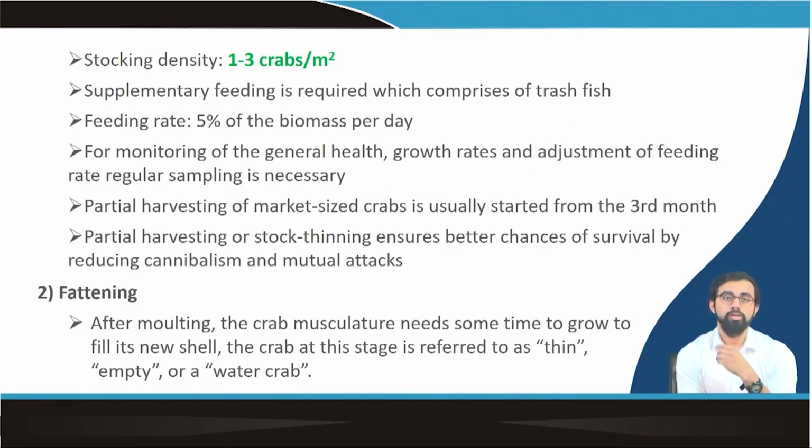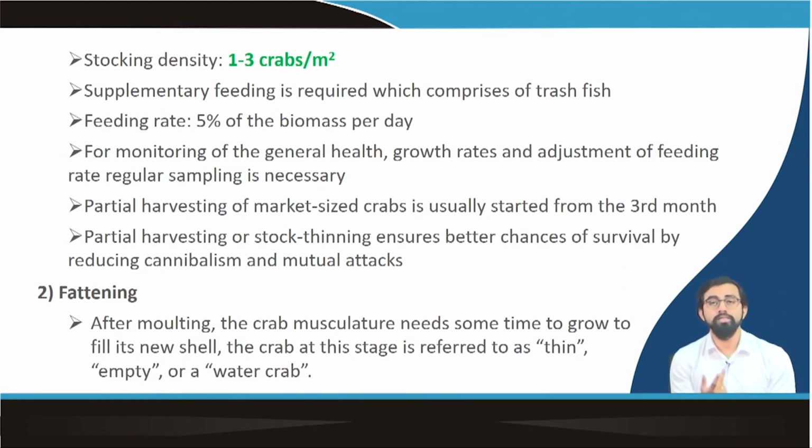Sometimes, when they reach a higher stage of their growth, if you provide them with a minimum amount of food, because of their natural habits they will go and attack the other crabs. This is called cannibalism or mutual attacks. In order to reduce that, we need to go for partial harvesting sometimes in this kind of culture system.